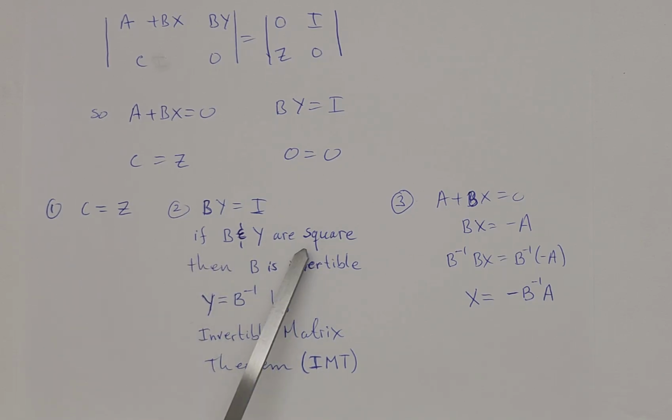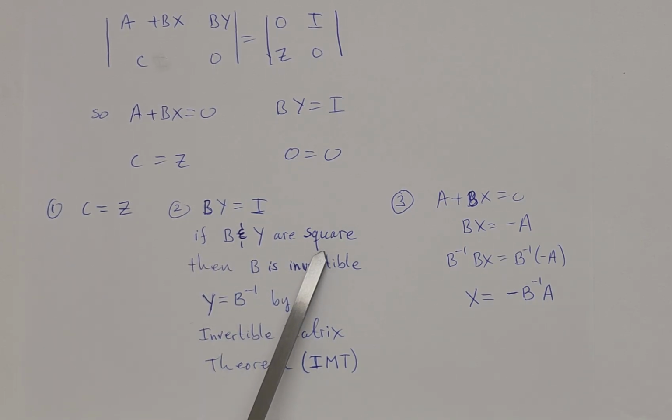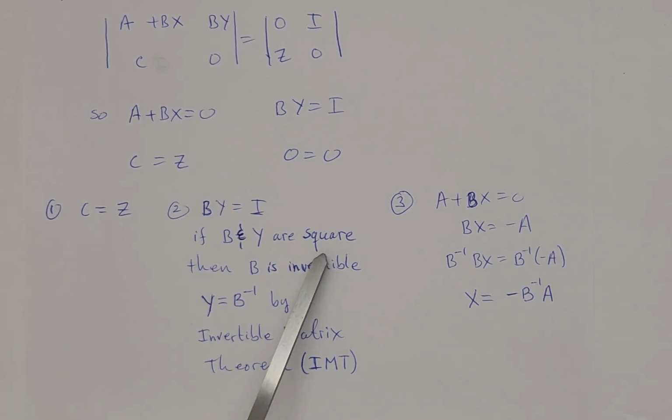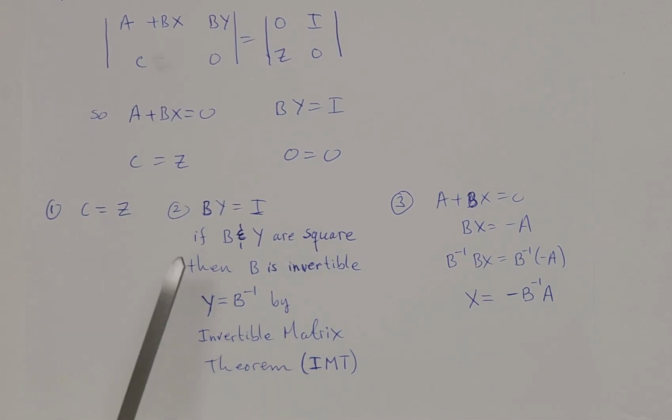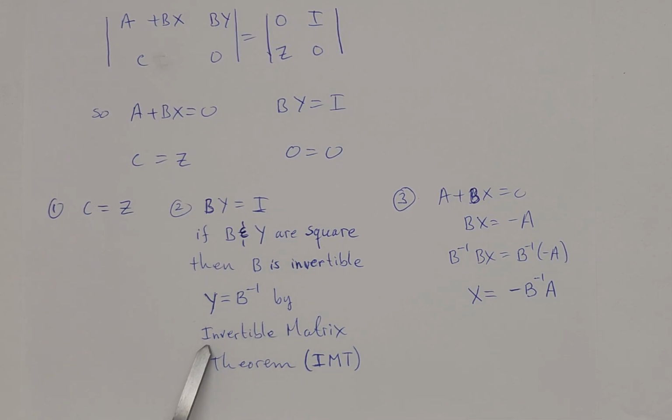B and Y must be square, that means it has the same dimension, 2 by 2, 3 by 3, 4 by 4, and so on. If that's the case, then based on the invertible matrix theorem, B has an inverse. So Y is equal to B inverse.